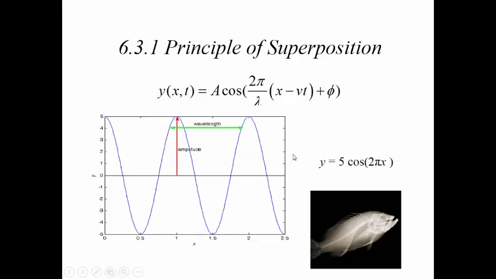Okay, now if we have an amplitude of 5, we put the 5 where the A is, and we produce this equation here, which produces this graph. So you can see at x equals 0 and t equals 0, of course, the amplitude is 5.